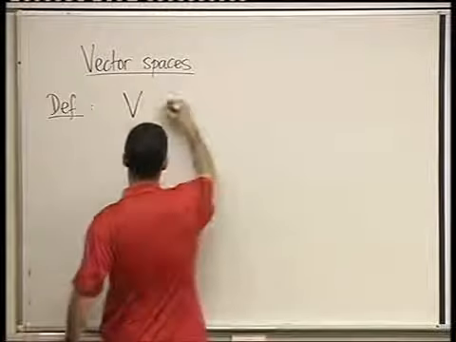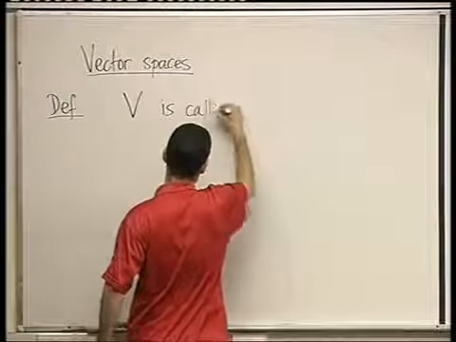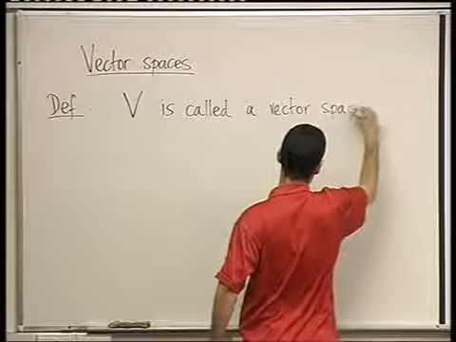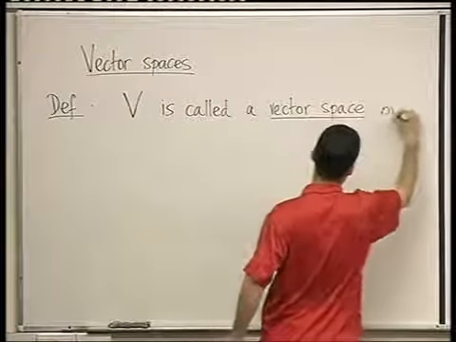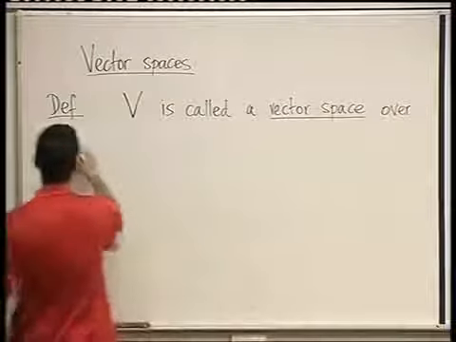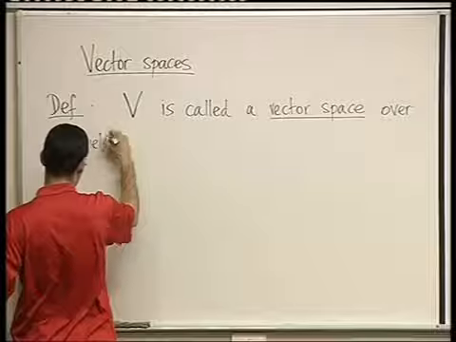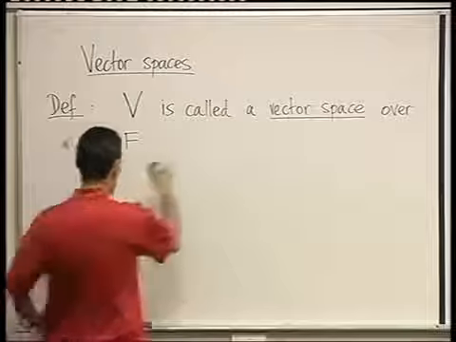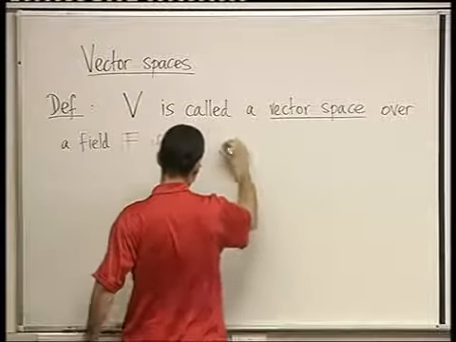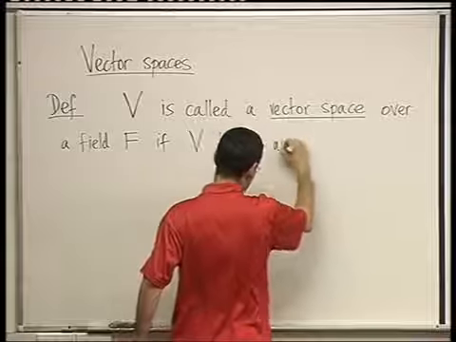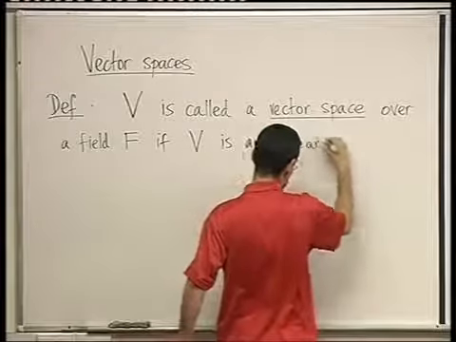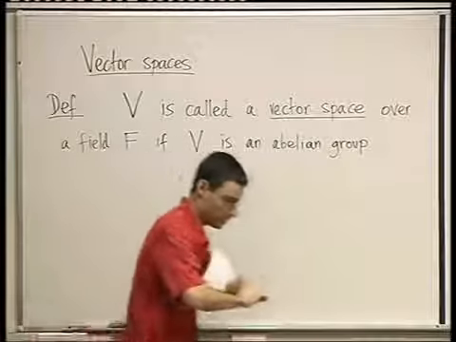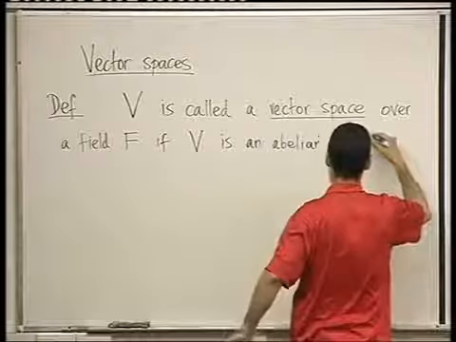V is called a vector space over, that's the term we usually use, over a field F. F is going to be our field. If V is an abelian group and I'm going to remind you now, an abelian group, what this means.